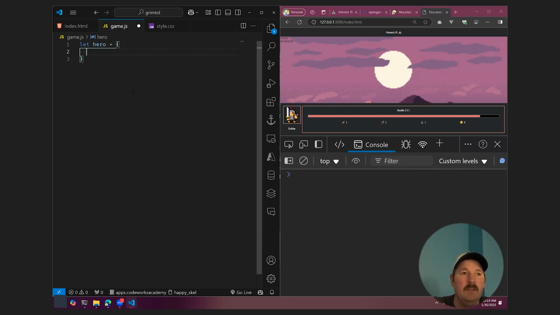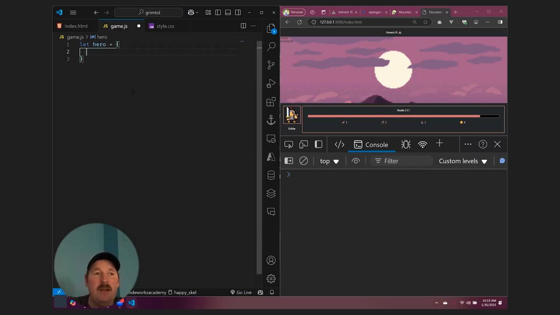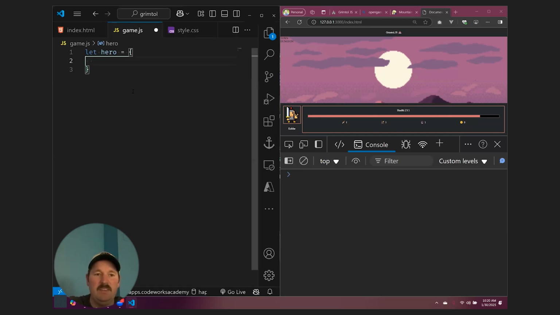And then inside of here, your hero probably has a name. Your hero probably has health. Your hero has gold. Your hero has all those things, right? And so let's represent all of this with data. We're going to say the name. We'll start with Keldar. Maybe eventually we'll let the user change their name.